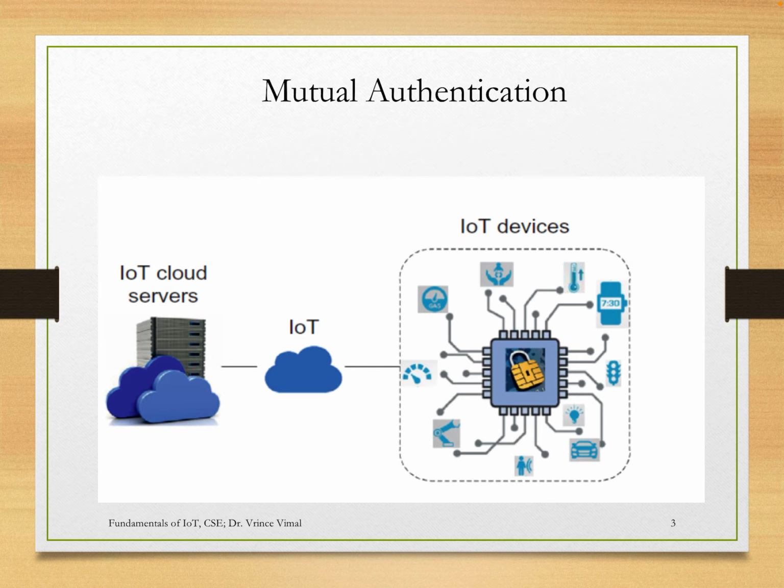In mutual authentication, the important thing is that once the server is authenticated during the handshake, it sends a certificate request message to the client, and the client has to respond by sending its certificate to the server for authentication.